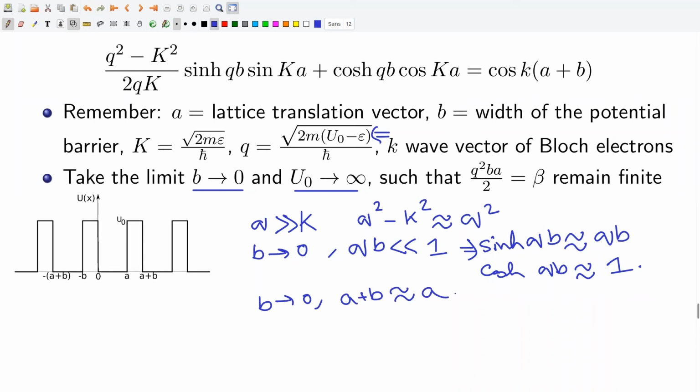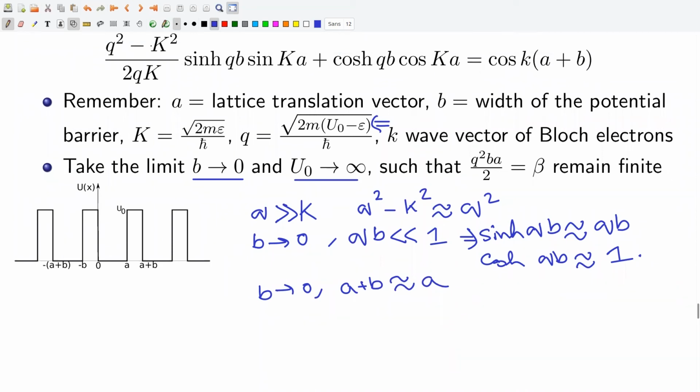Now we substitute all this in equation 5, that is this equation.